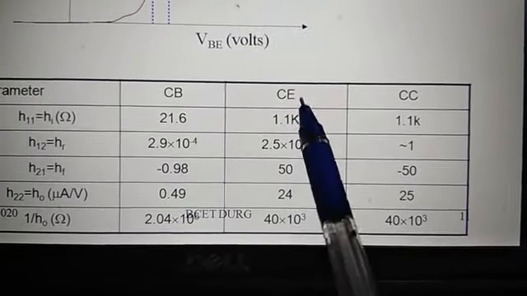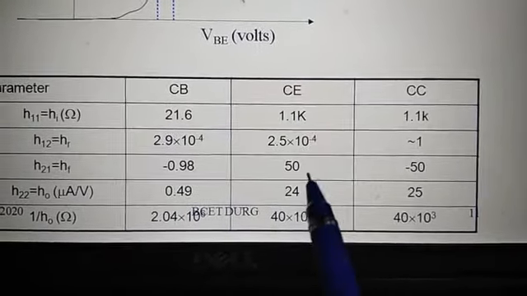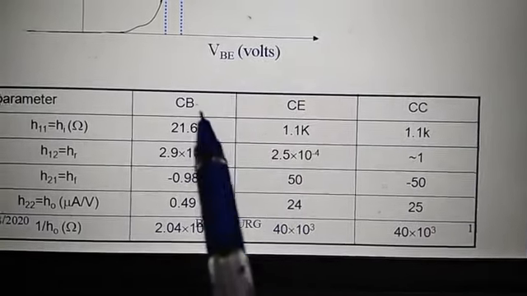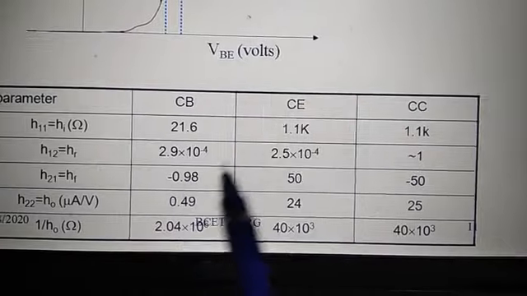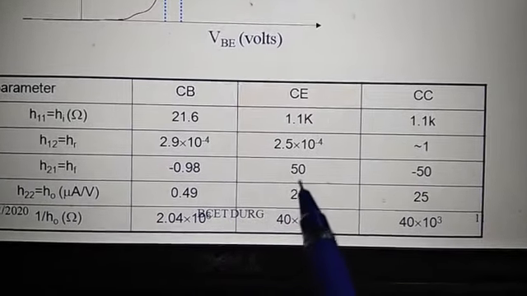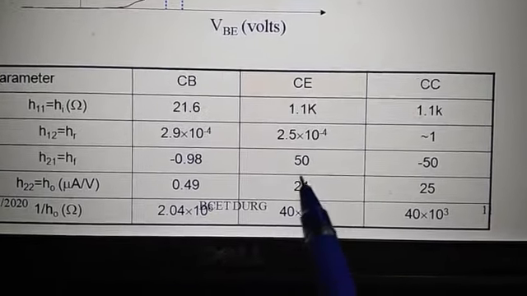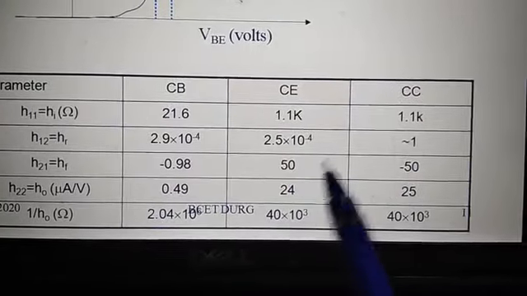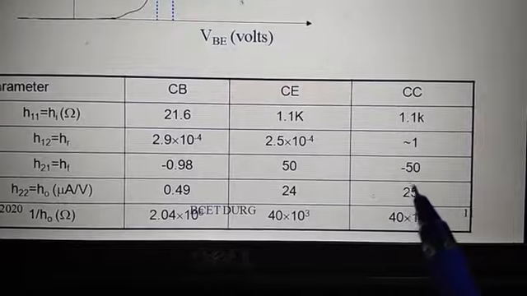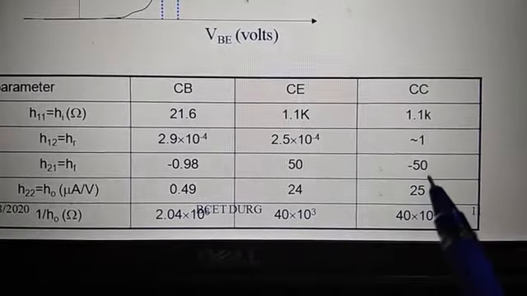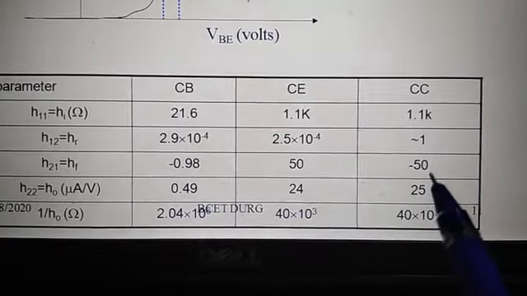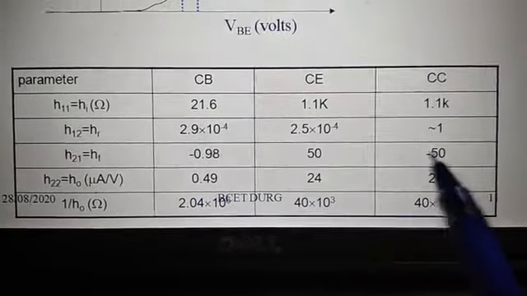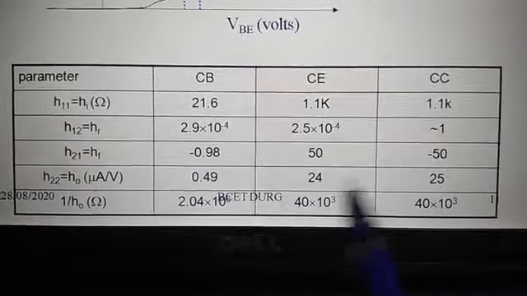Alpha is HFB, beta is HFE, that is equal to 50. The low frequency parameter HFC, the forward current gain in common collector, is minus 50, or sometimes it may be 51, because it is 1 plus beta.